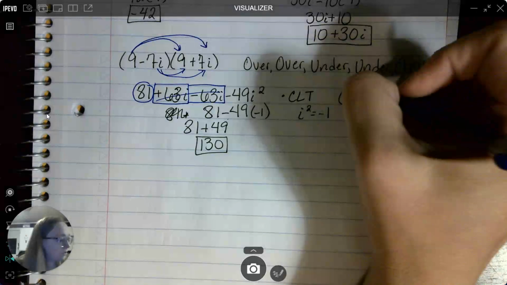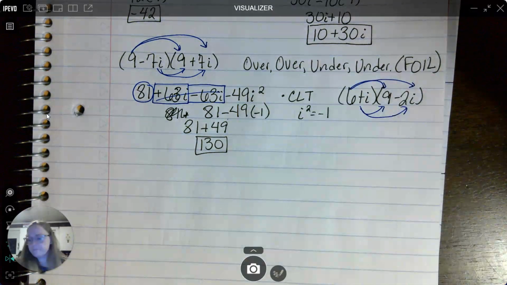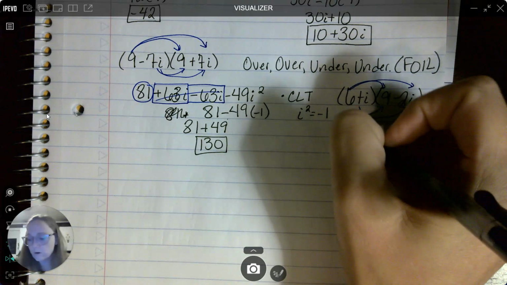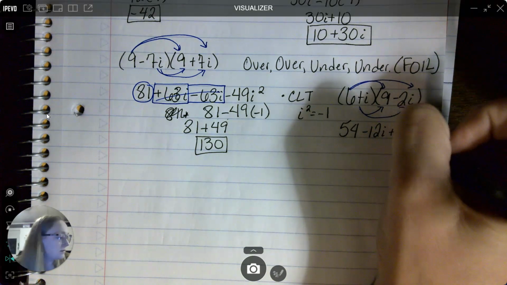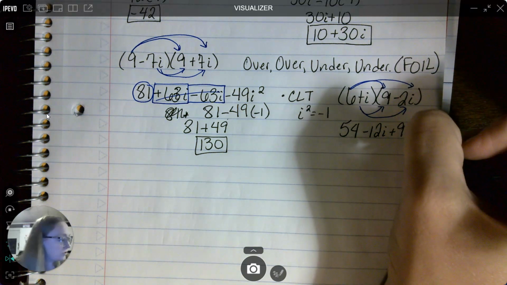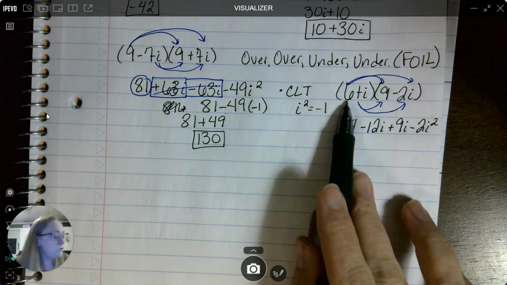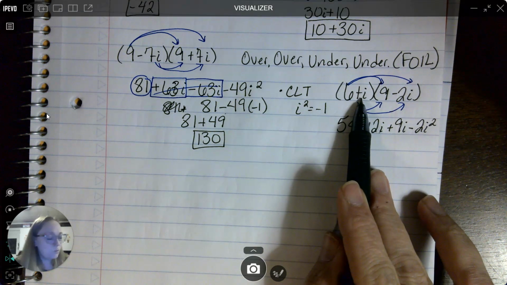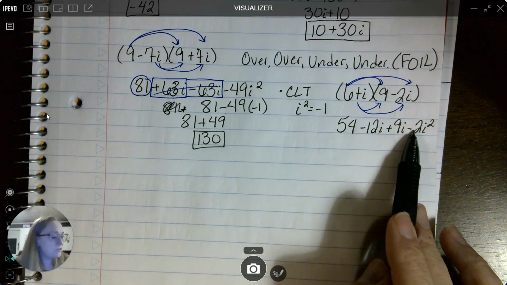So we are going to FOIL this, over, over, under, under, and we get 54 minus 12i plus 9i minus 2i squared. So 6 times 9 is 54, 6 times negative 2 is negative 12, keeping the i. 1i times 9 is 9i, and positive 1i times negative 2i is negative 2i squared.